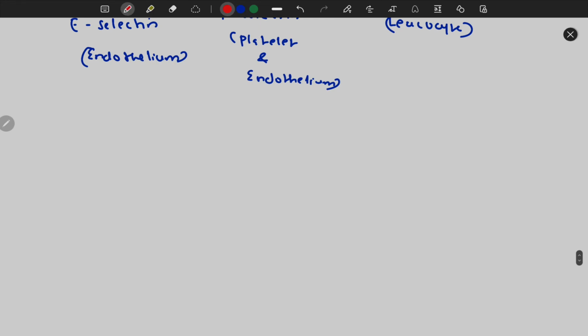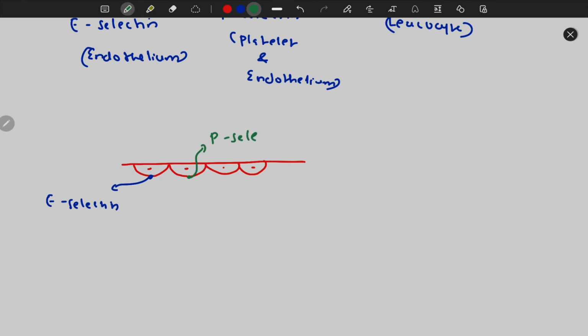So if this is the blood vessel and these are the endothelial cells, the endothelial cells will express a molecule which is called E-selectin. These endothelial cells also express a molecule which is called P-selectin.